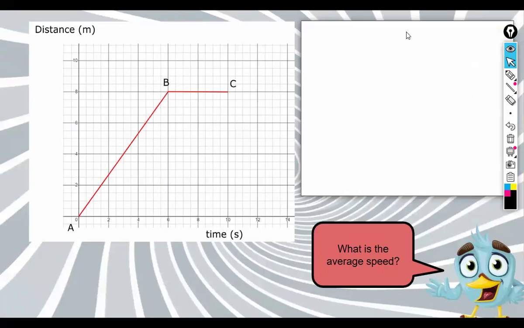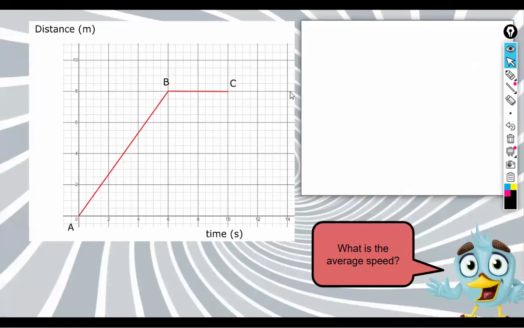Right. Now, here's the thing. Here's another question. I don't want you all to mix up the terms speed and average speed. It's really different, okay?